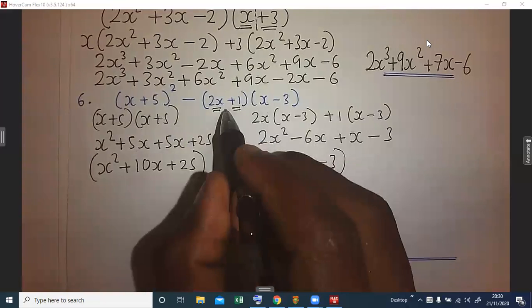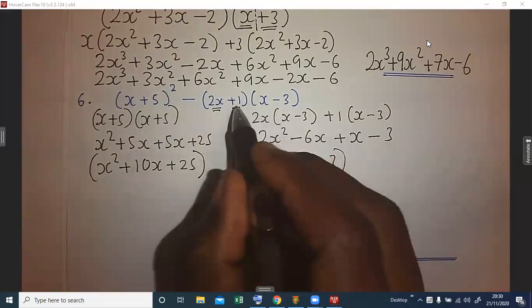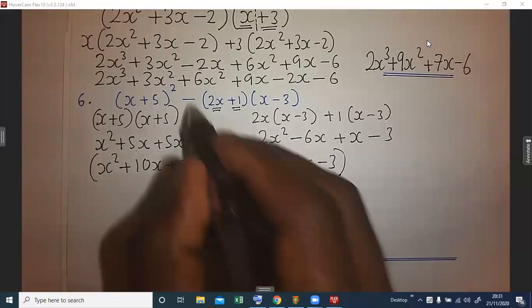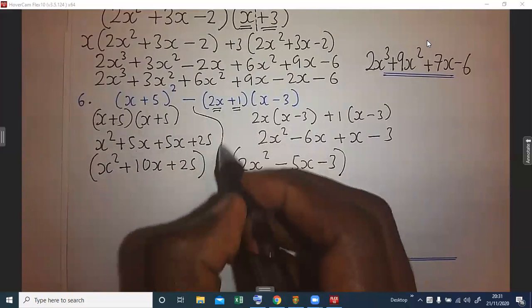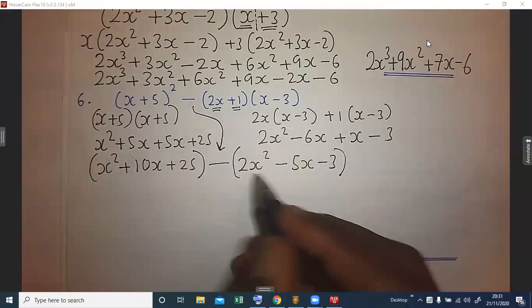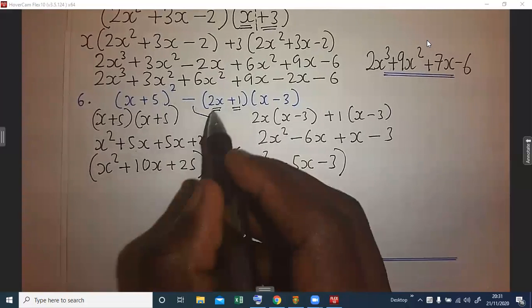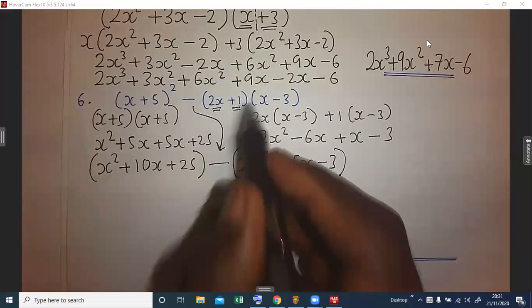Instead, I merged them into one bracket. I merged these two brackets into one bracket. That's how I can do in order to work out the remaining minus sign. We need to merge the bracket because this minus sign will always have to affect this side.